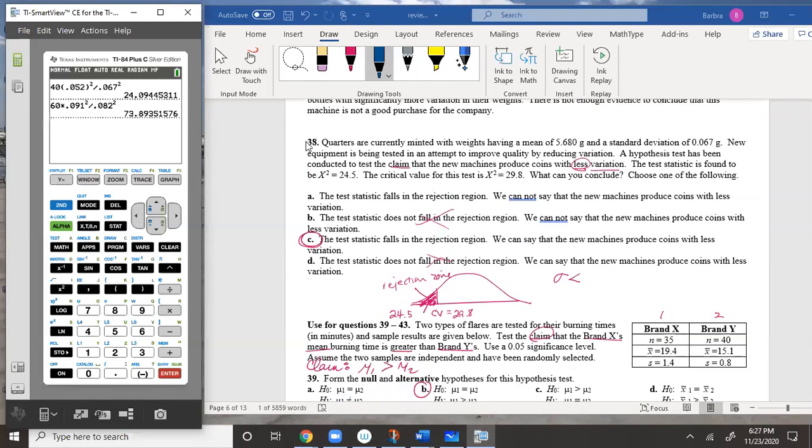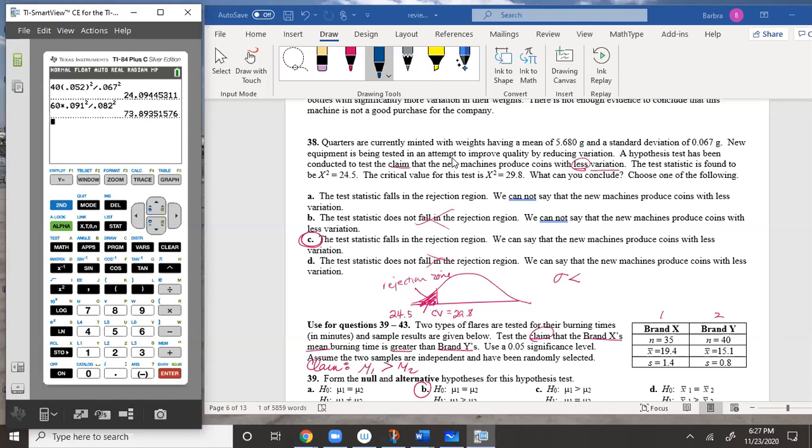And this is one singleton of a problem. Quarters are currently minted with weights having a mean of 5.68 and a standard deviation of 0.067 grams. New equipment is being tested in an attempt to improve the quality by reducing variation.